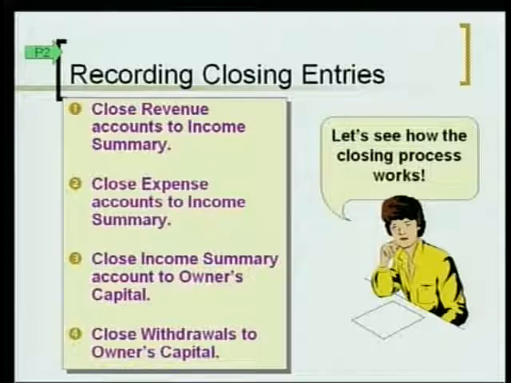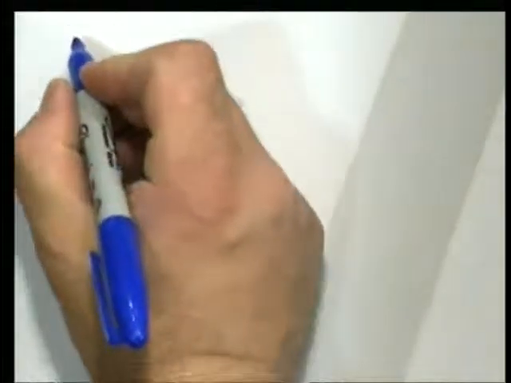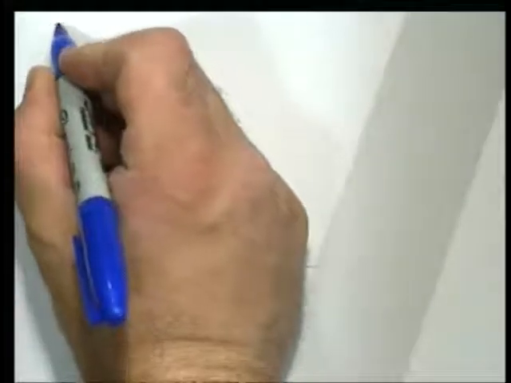Okay? All right, let's take a look at what this is going to look like. Now I'm going to go over to the Elmo. But keep that slide that we just looked at in front of you. All right? Let's see here. Okay, the first closing entry is to close the revenue accounts, right?